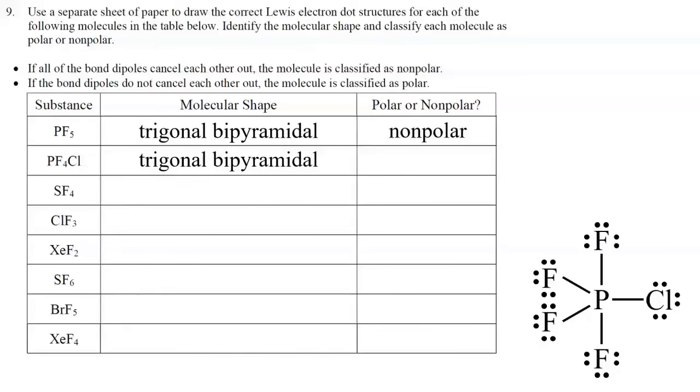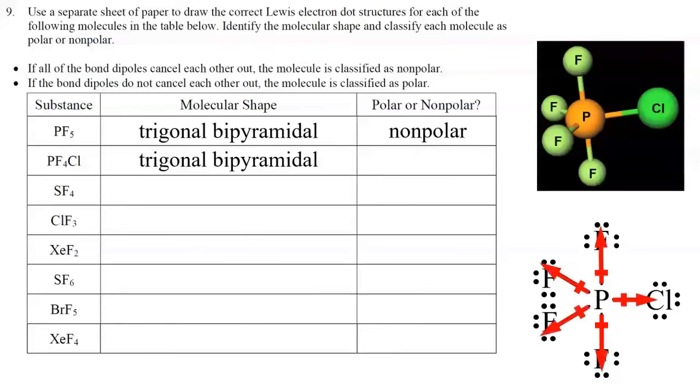We still have 5 bonding domains, but that one chlorine being different than the other 4 fluorine atoms changes the symmetry of this molecule. So no longer do we have 5 equal bond dipoles. Because of asymmetry, we now have a polar molecule in which the bond dipoles do not cancel each other out.